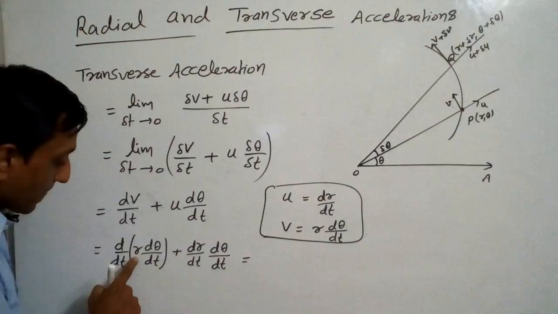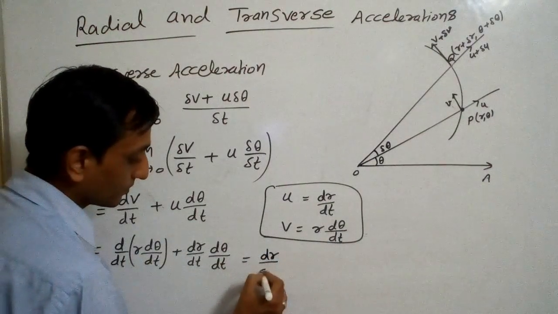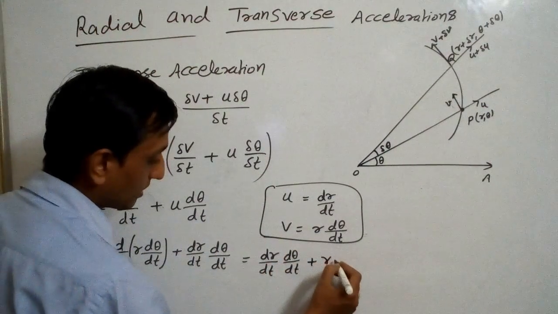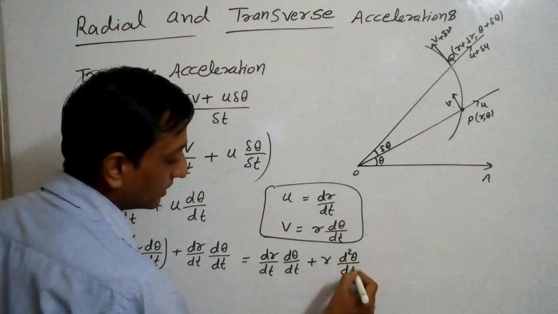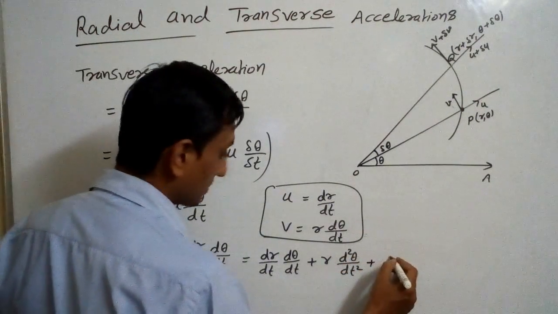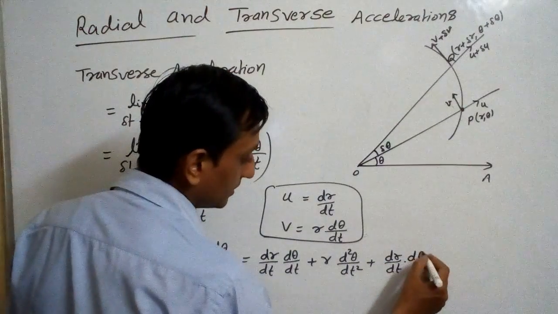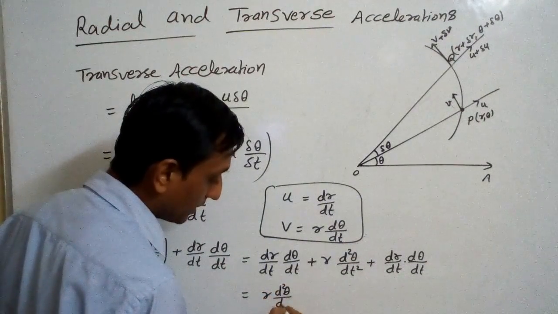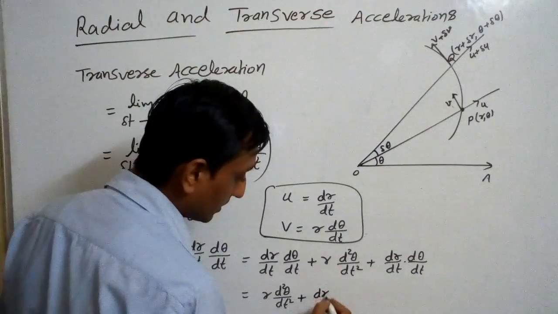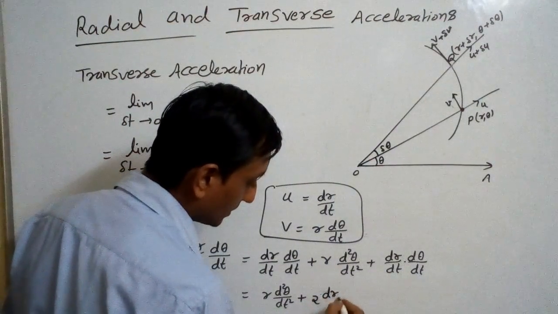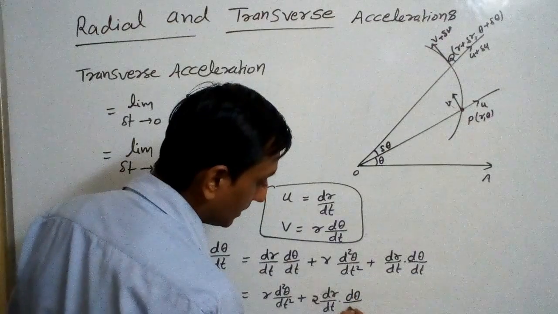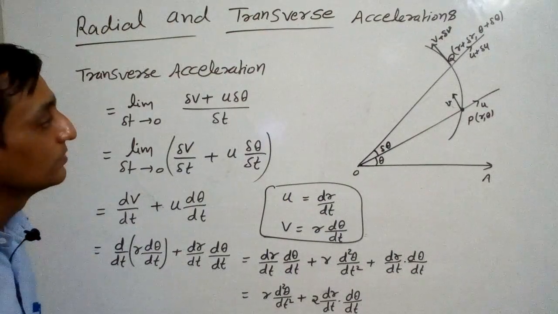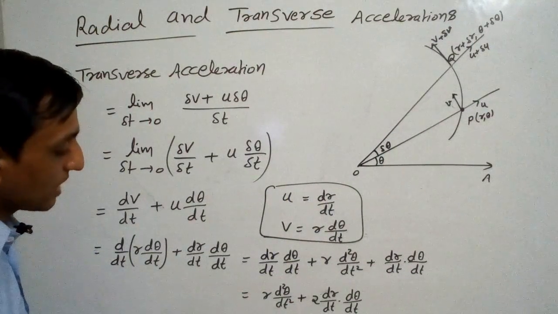Here we have dr/dt d theta/dt, plus r d2 theta/dt square, plus dr/dt d theta/dt, and we can write this as r d2 theta/dt square plus 2 dr/dt d theta/dt. So this is the transverse acceleration, and we can also remember another form.